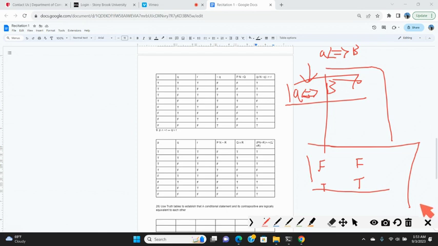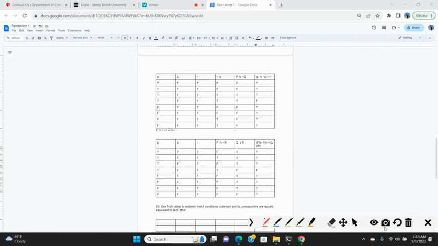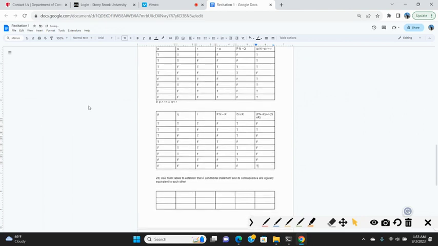So F, F, and T, T, that's the only way this will be true. So my mistake. I completely did not see that this is biconditional. So in that case, this is false. We have a true here, and this is false, false, false, false, false, but this is true.